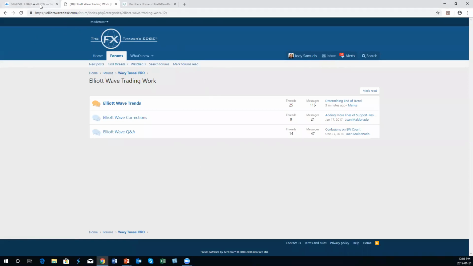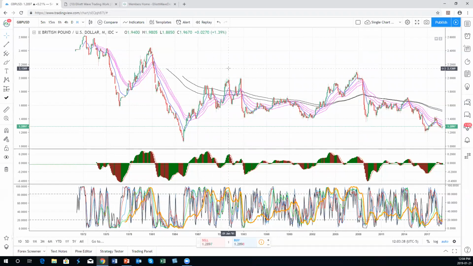We're going to go to TradingView. TradingView is a free charting service. If you want to pay for it, then it enables you to have more than one chart on a page.